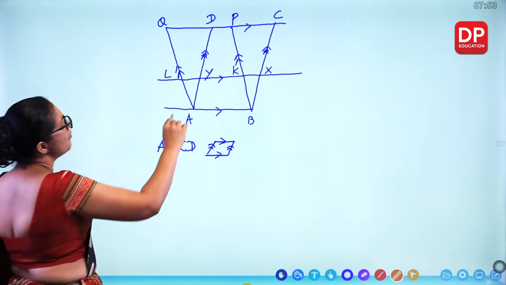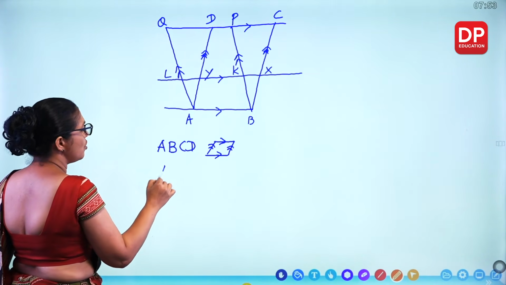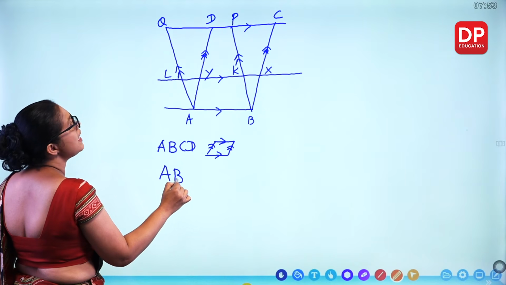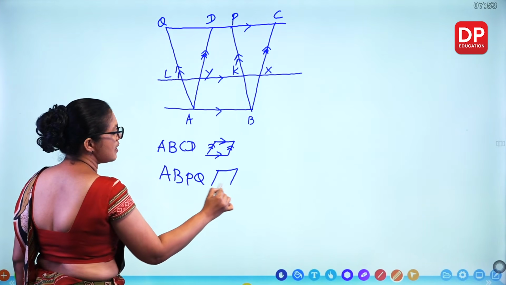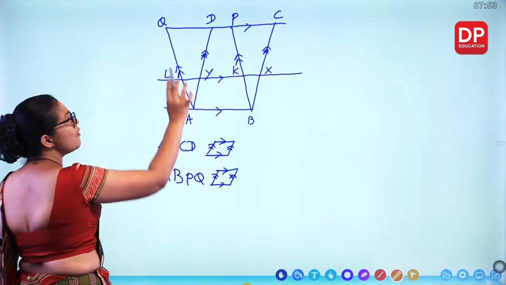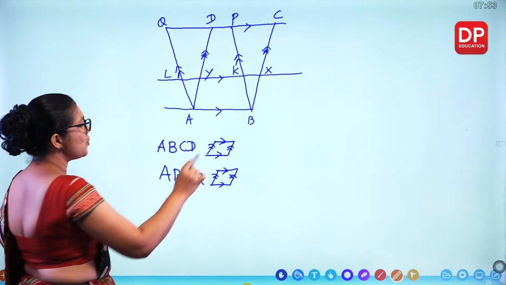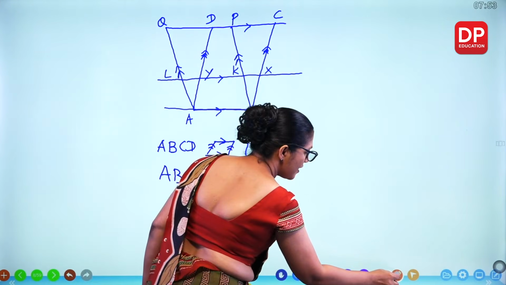And also, look at this side. This one is also a parallelogram. ABPQ is another parallelogram. When you look at those two parallelograms, we can see this length is common.